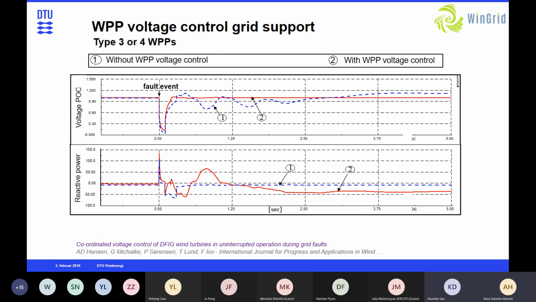While when we enable the voltage control inside the wind power plants, you can see that we can control the voltage nicely back to 1 per unit, while the wind power plants, in red, are able to absorb the reactive power existing initially in the system, and therefore control the voltage at 1 per unit.